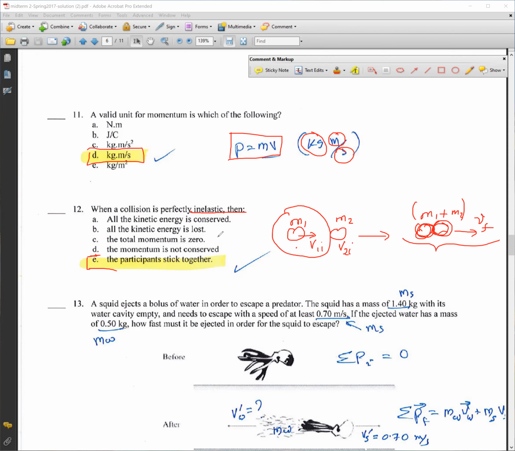Even in perfectly inelastic, we know total momentum is conserved. And the option here says momentum is not conserved, which is not true. The momentum is conserved in this case. So that's question 12.